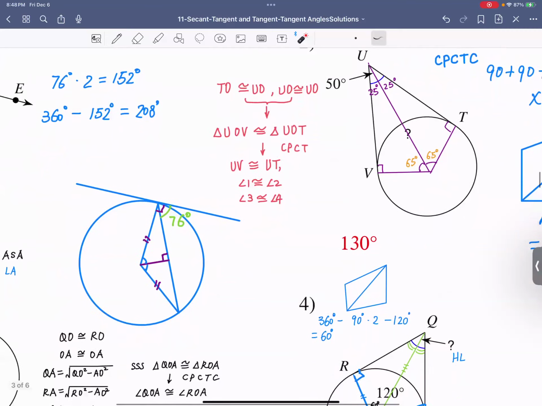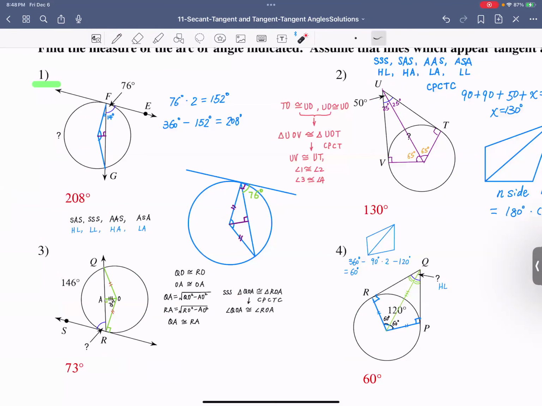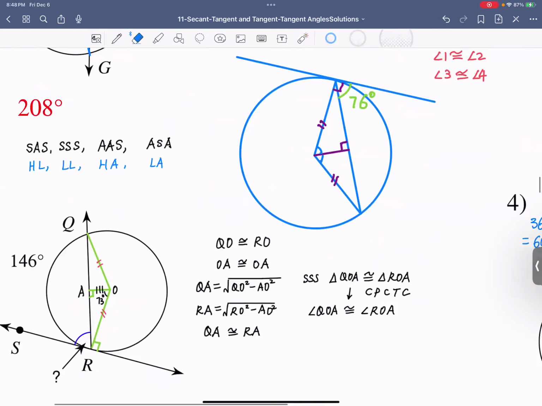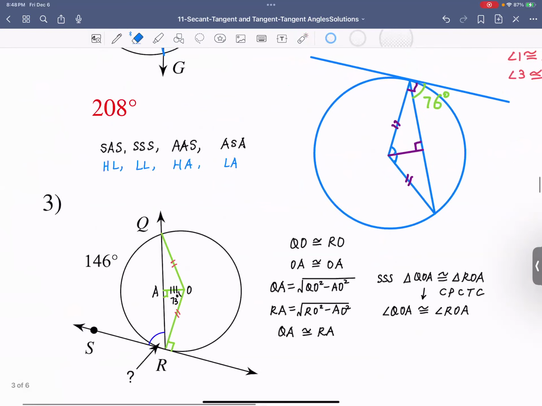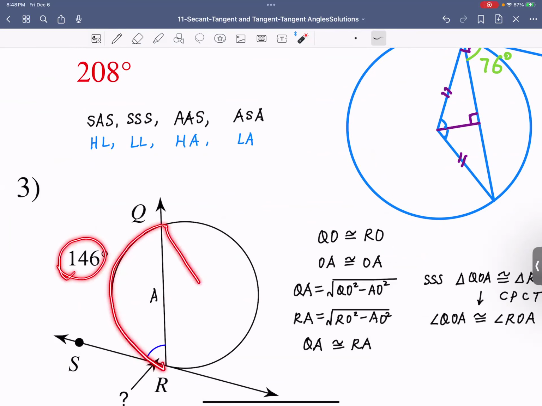Now, go. Number 3. Emma. When they draw this thing and mark here, this is an arc, center angle 146.